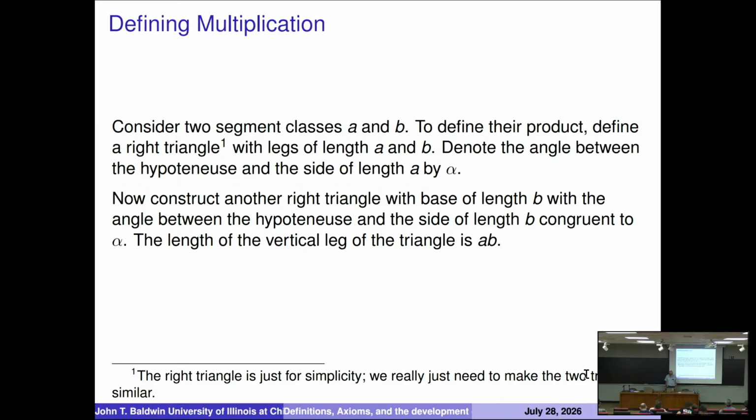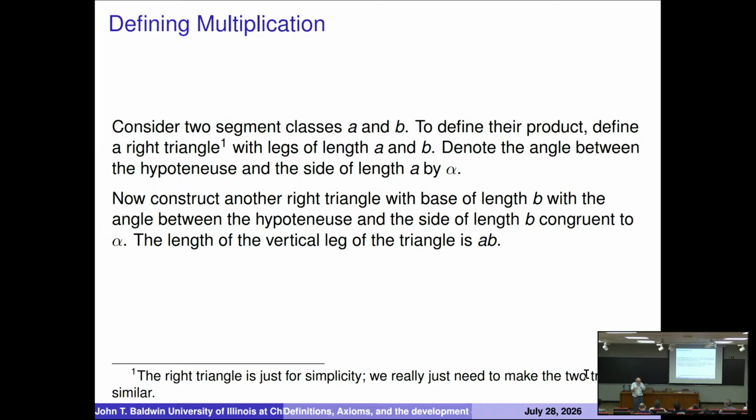Right, and now, how are we going to define multiplication? There are certainly different ways of doing this. I'm following what's in Hartshorne, because it's a little different direction. What Hilbert says is, we use the theorems of Pappus and Desargues, and there's a whole line of geometries.